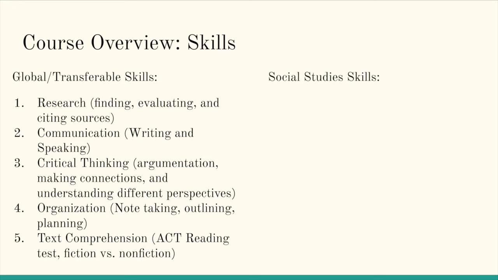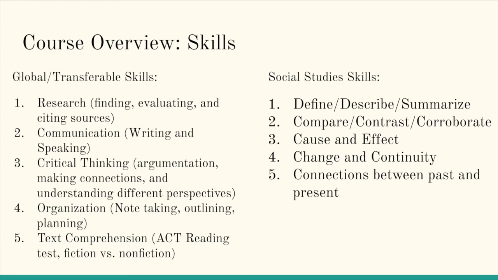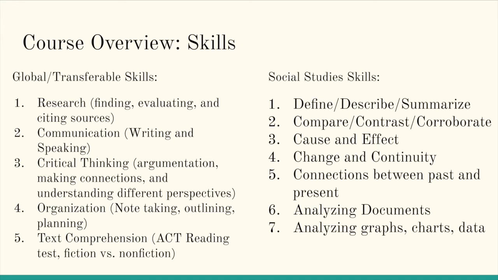The social studies skills that I have for this course are to define, describe, summarize, compare, contrast, and corroborate; cause and effect relationships; change and continuity, what stays the same and what changes; connections between past and present; analyzing documents, analyzing graphs, charts, and data, and analyzing maps.